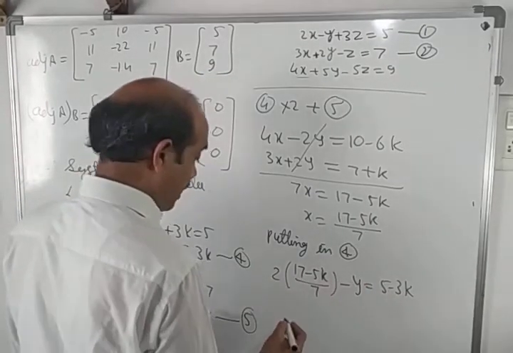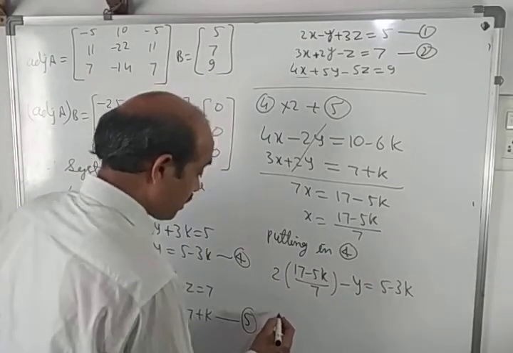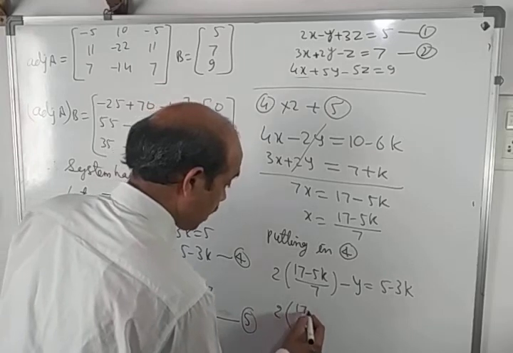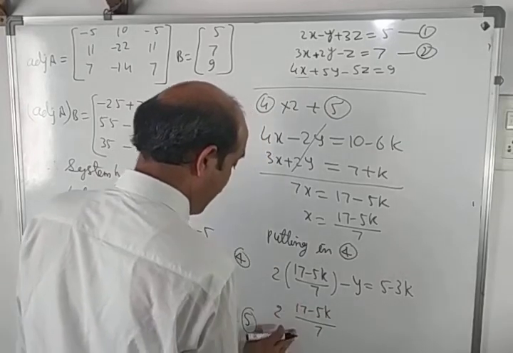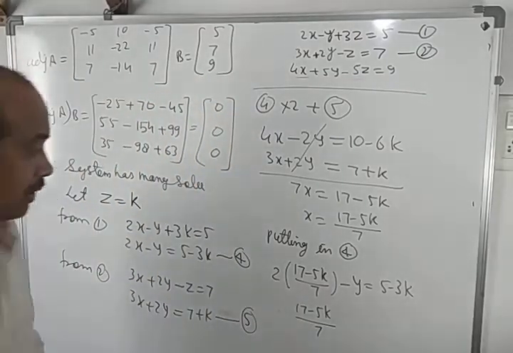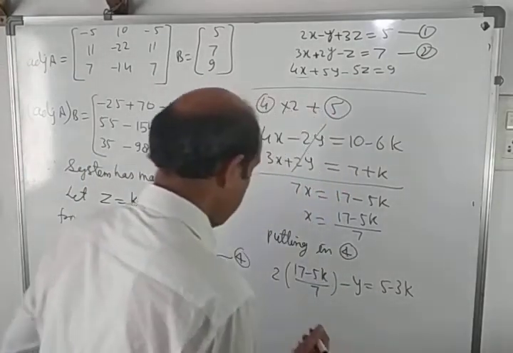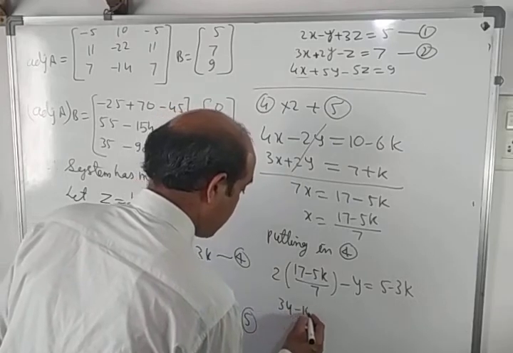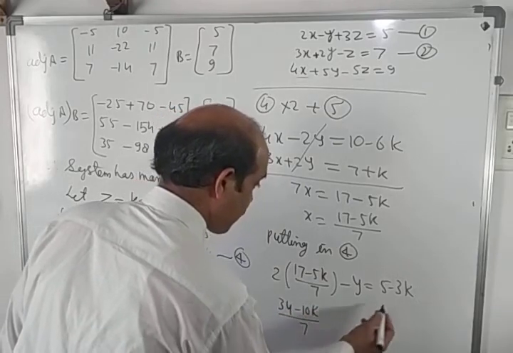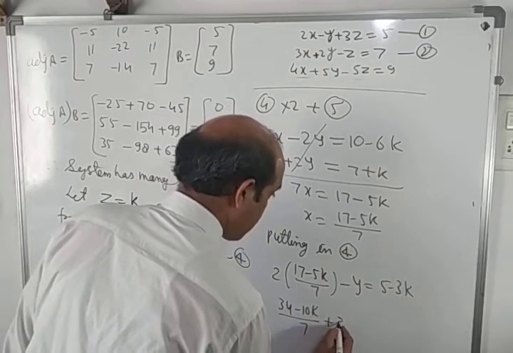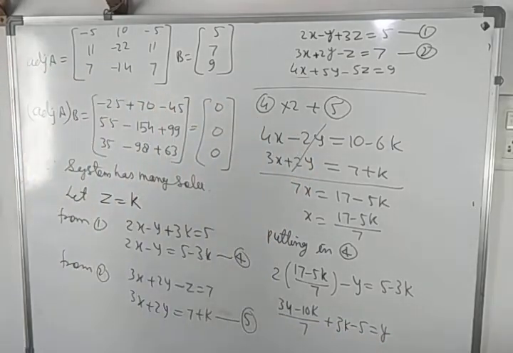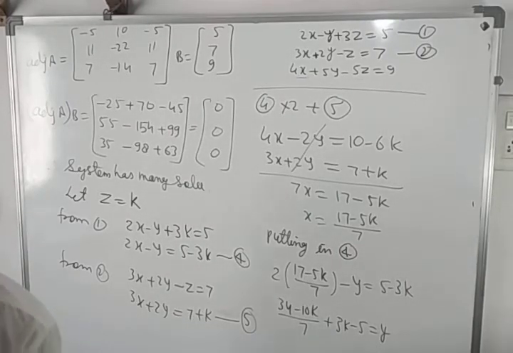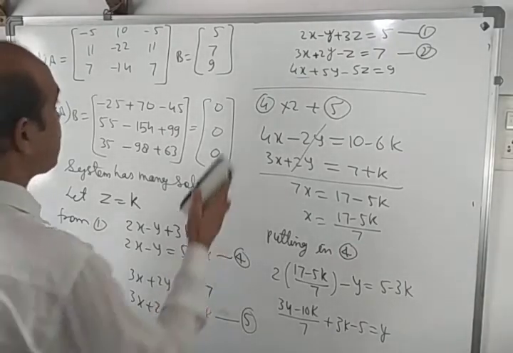So it will be 34 minus 10k upon 7 plus 3k minus 5 is equal to y. So the value of y will be obtained with the help of the value of x.